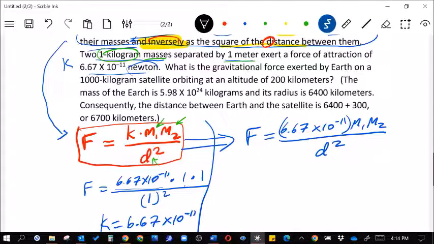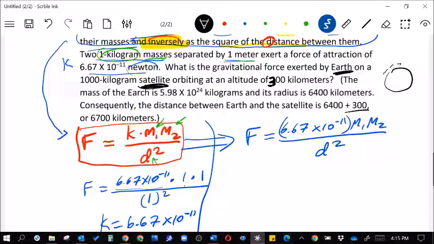What's the gravitational force exerted by Earth on a satellite, a 1,000 kilogram satellite, orbiting at an altitude of, this is a typo. Please change it to 300 kilometers. We know that because down here it says that we're adding 300 to the Earth's radius. So it's an altitude of 300 kilometers. Here's the Earth.